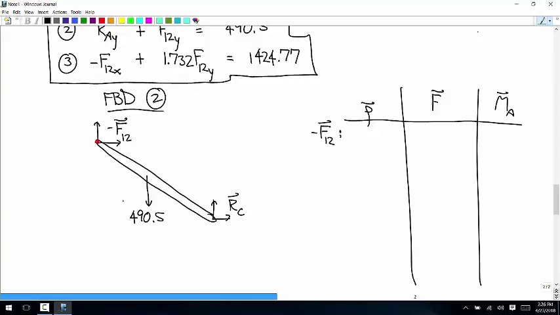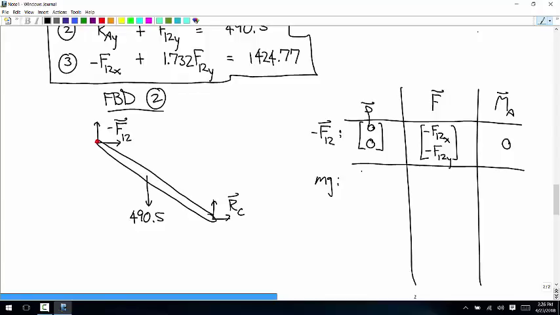So F12, rho vector is 0, 0. Force vector is negative F12x, negative F12y, and 0 cross product. Then the weight force, that rho vector is positive 0.866, negative 0.5.